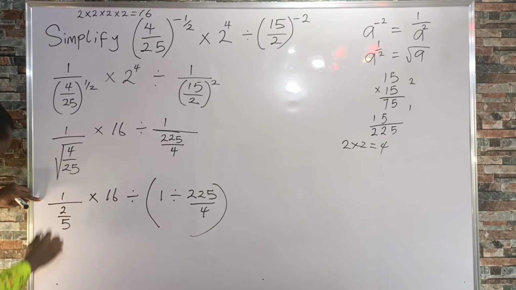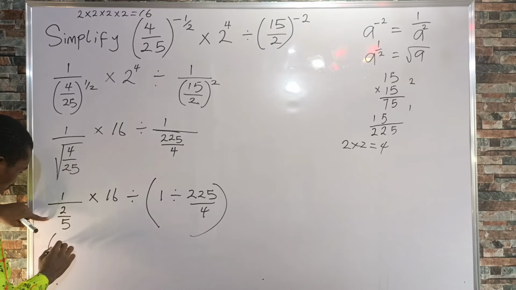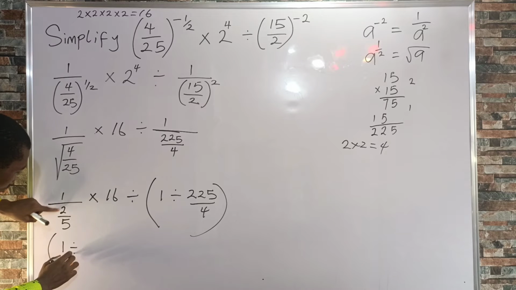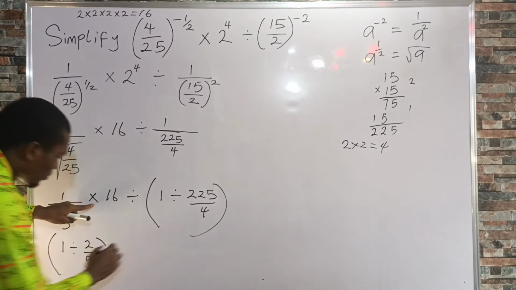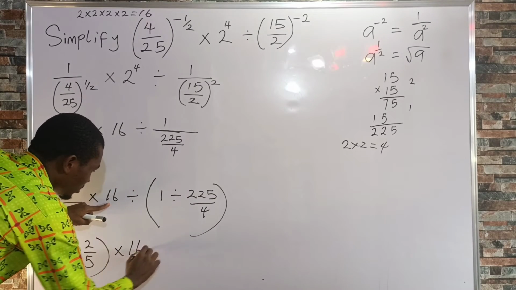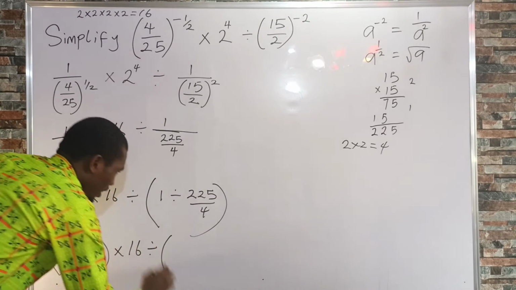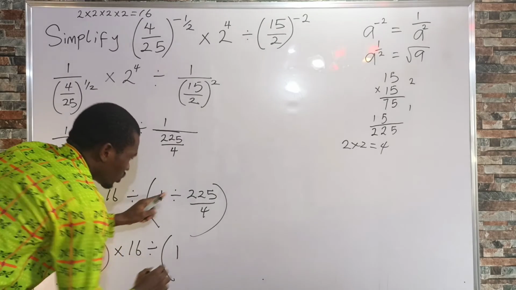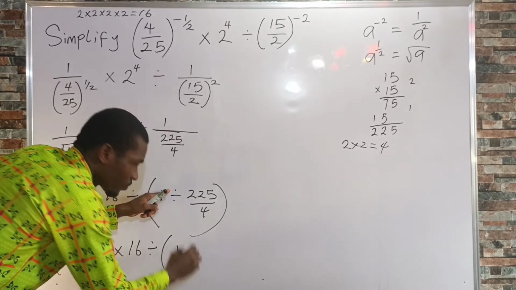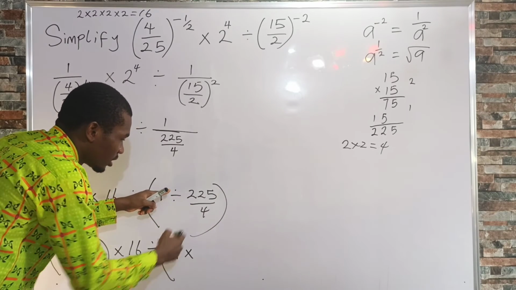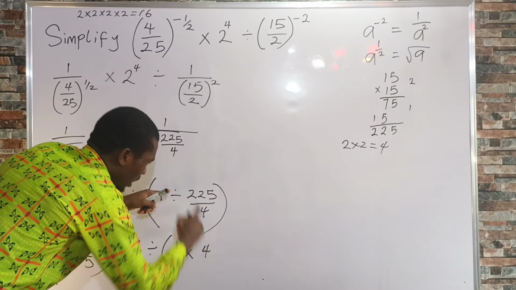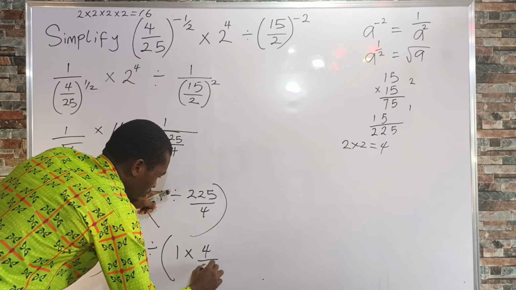Also, I can put this in bracket as 1 divided by 2 over 5, multiplied by 16, divided by, in brackets, 1 divided by 225 over 4. Changing division to multiplication, I have to invert. Inverting means to turn up the fraction. Then 4 will come up now, and 225 will come below.